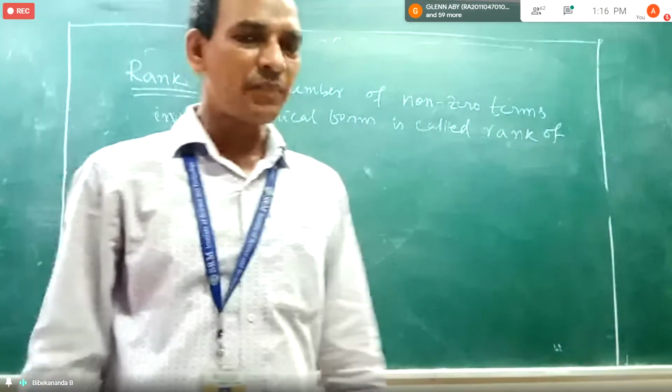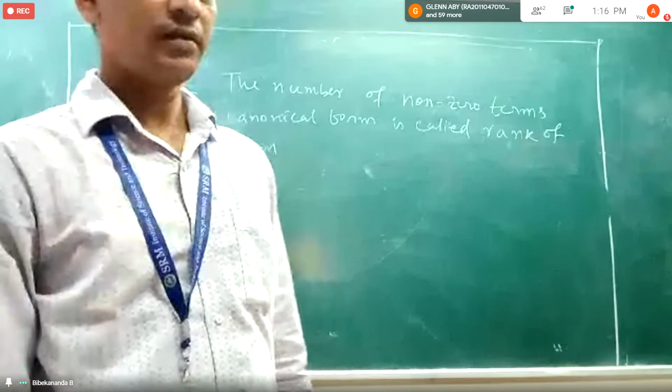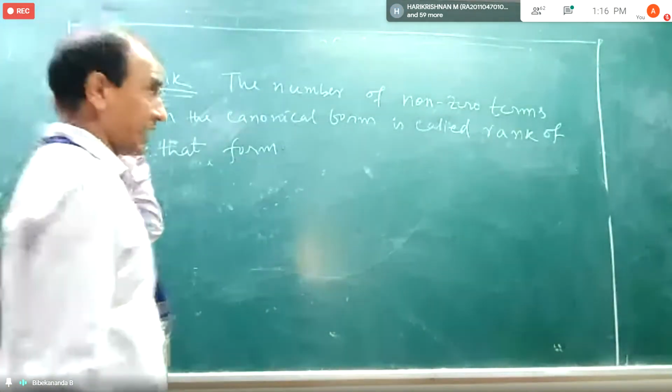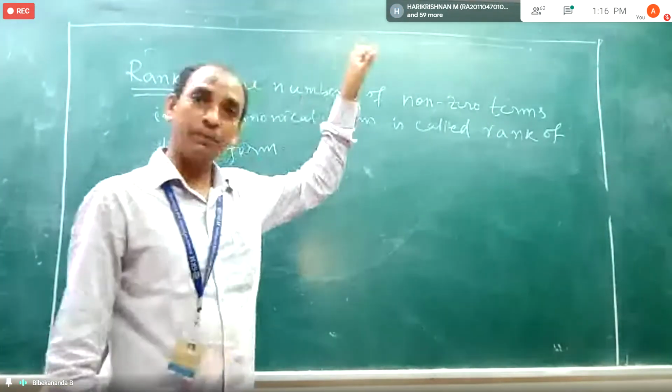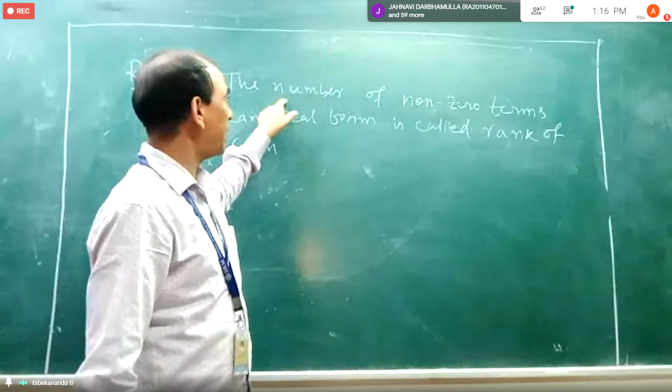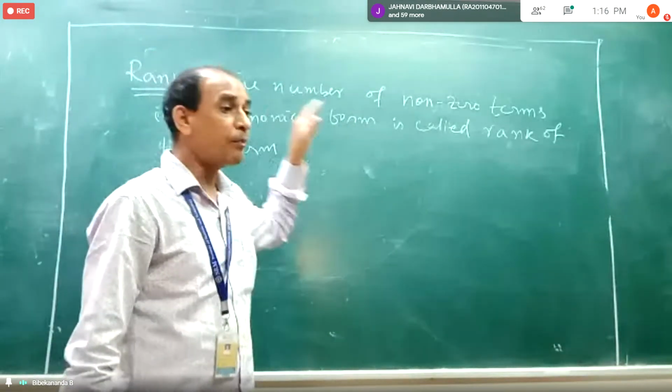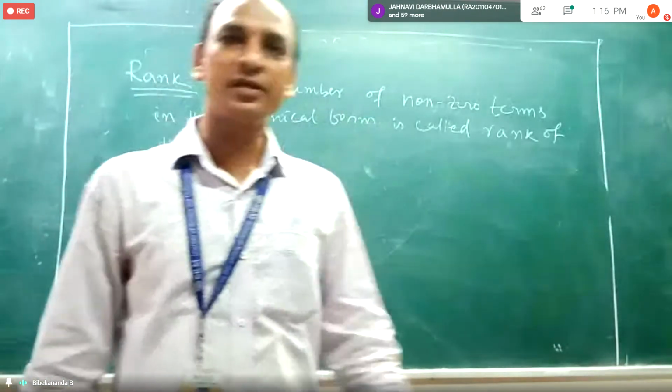So what is the meaning of this statement? Before, we had written the number of positive terms, but here we are writing the number of non-zero terms. What does it mean?